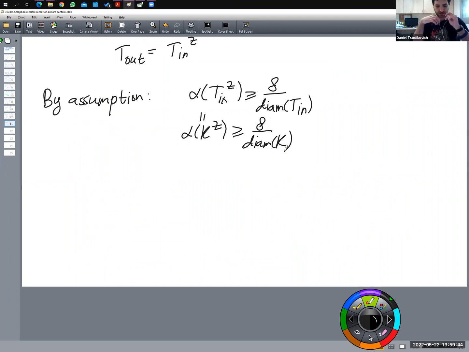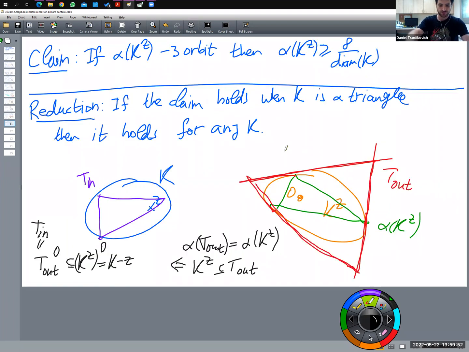Okay, so if we know the claim for triangles, then we know it for arbitrary bodies. So it's enough to show that the claim holds for triangles.